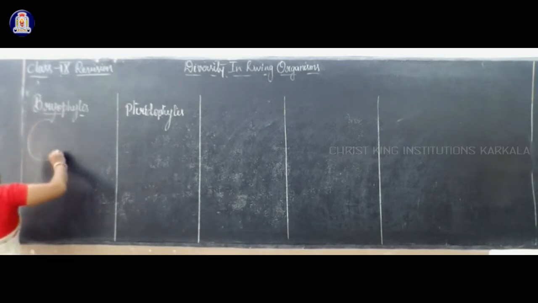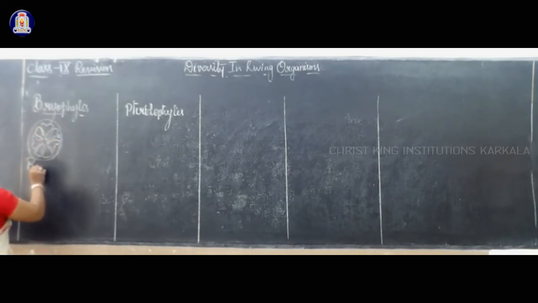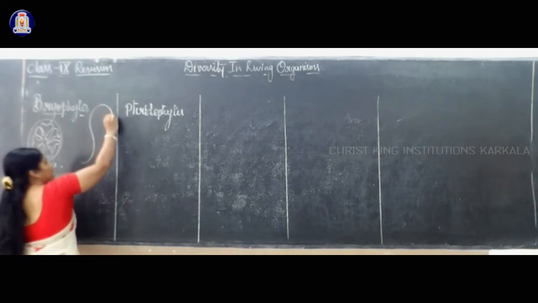For example, I will draw a rough diagram. This is a diagram of Riccia. Next one, Polytrichum.